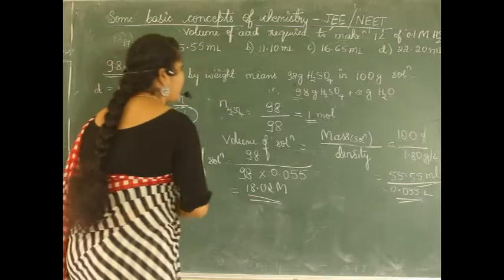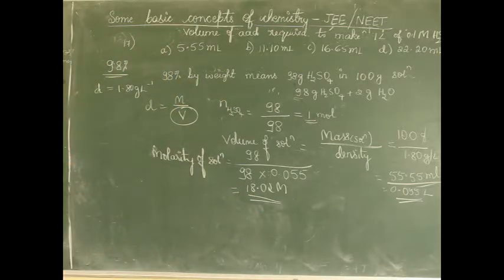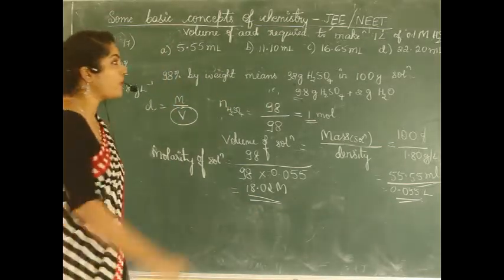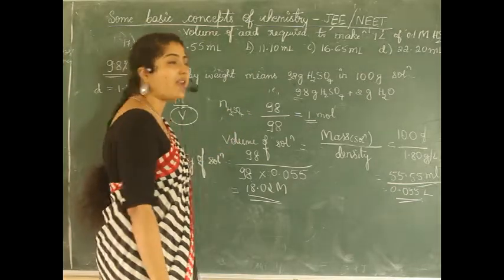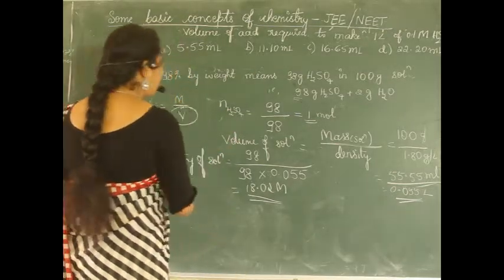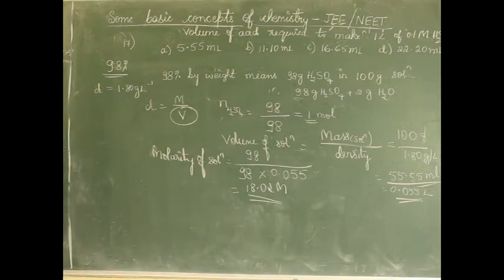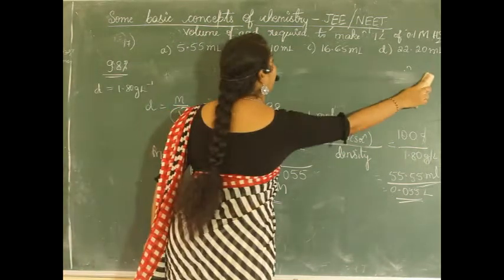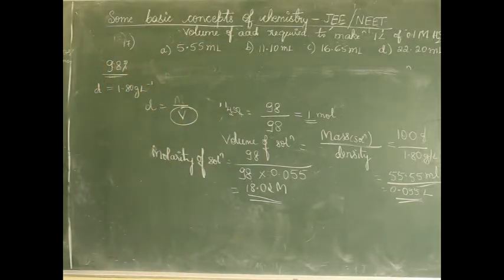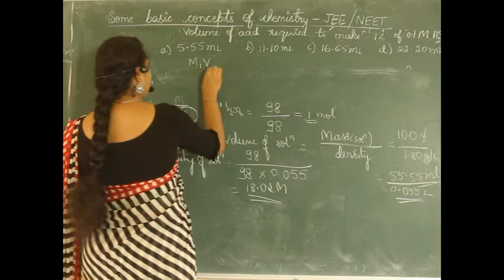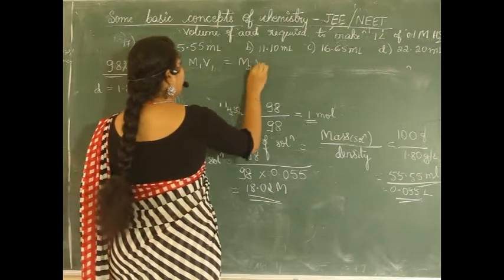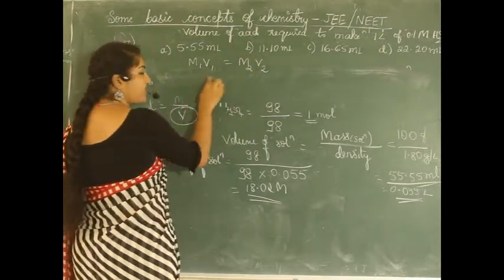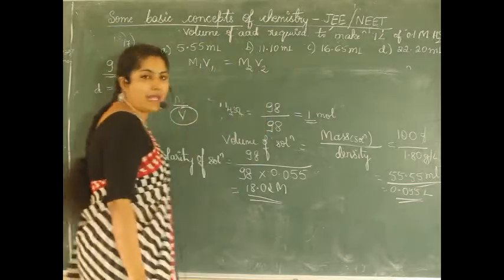But what is the question? They have asked the volume of acid required to make 1 liter of 0.1 molar H2SO4. So we will have to use the formula M1V1 is equal to M2V2. One will be for the concentrated solution, one will be for the dilute one.